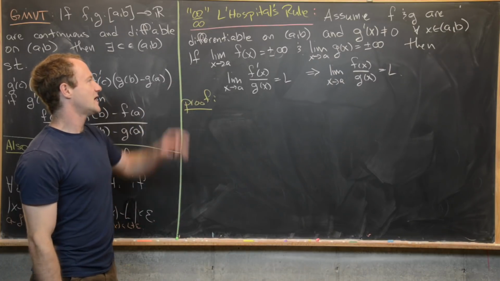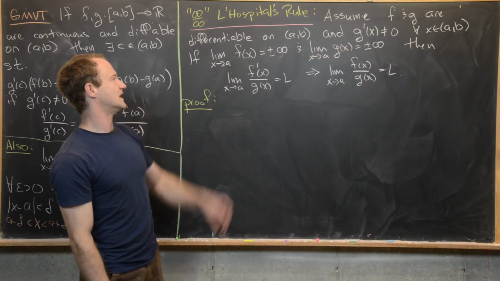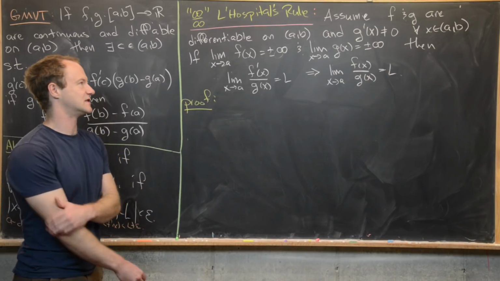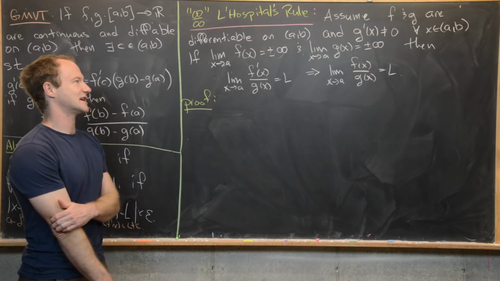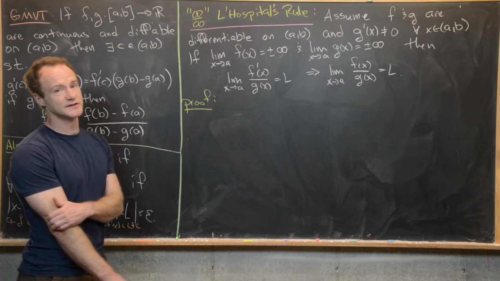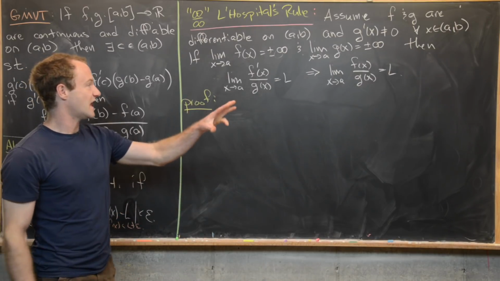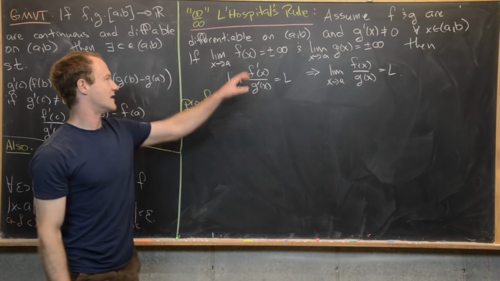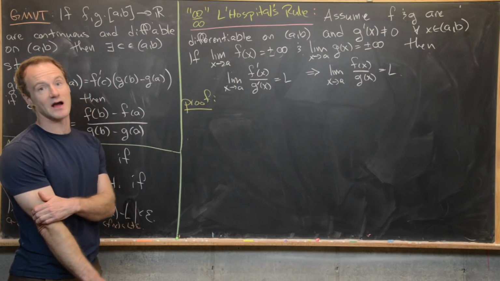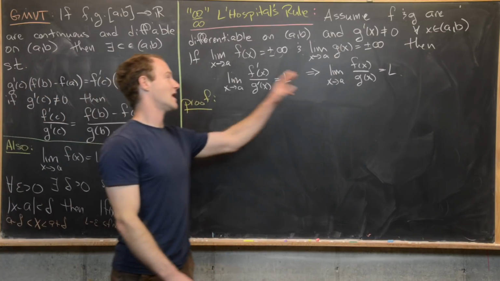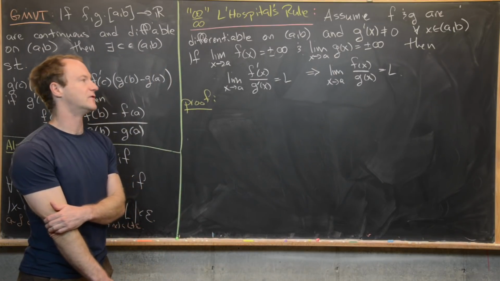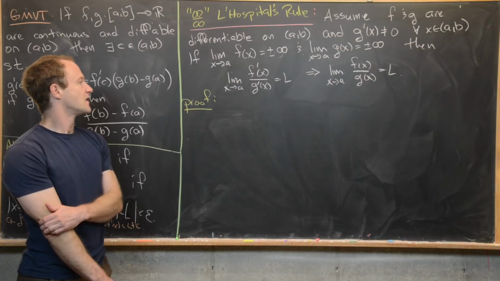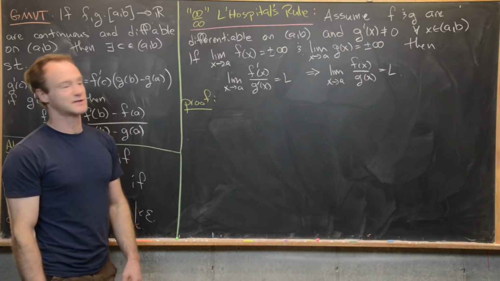Then next, if we have that the limit as x goes to a of f of x is plus or minus infinity, and the limit as x goes to a of g of x is also plus or minus infinity, then if the limit as x goes to a of f prime over g prime equals L, then the limit of just the quotient of the two functions equals L. Okay, so let's maybe get to this proof.